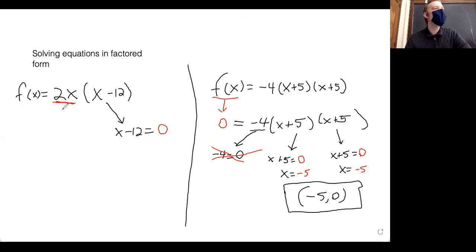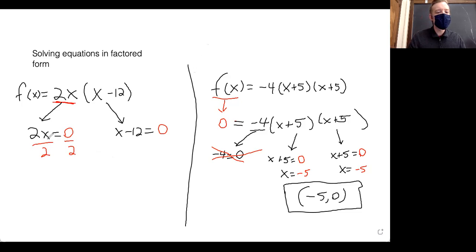So I'm going to set this 2x equal to 0. Now, if I'm solving this equation, and I have 2x equals 0, what do I need to do? We need to divide. We're going to divide by 2. X is 0.